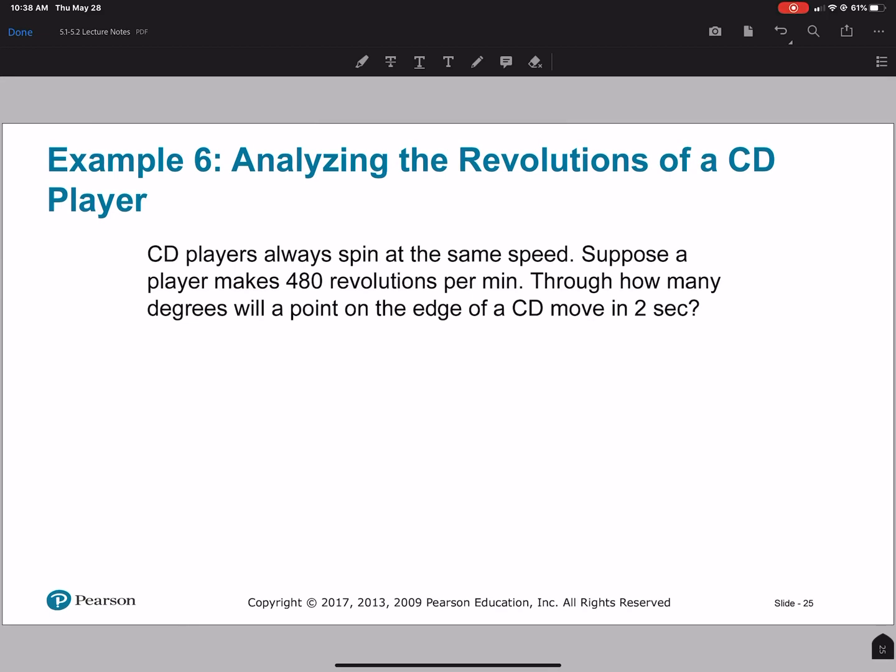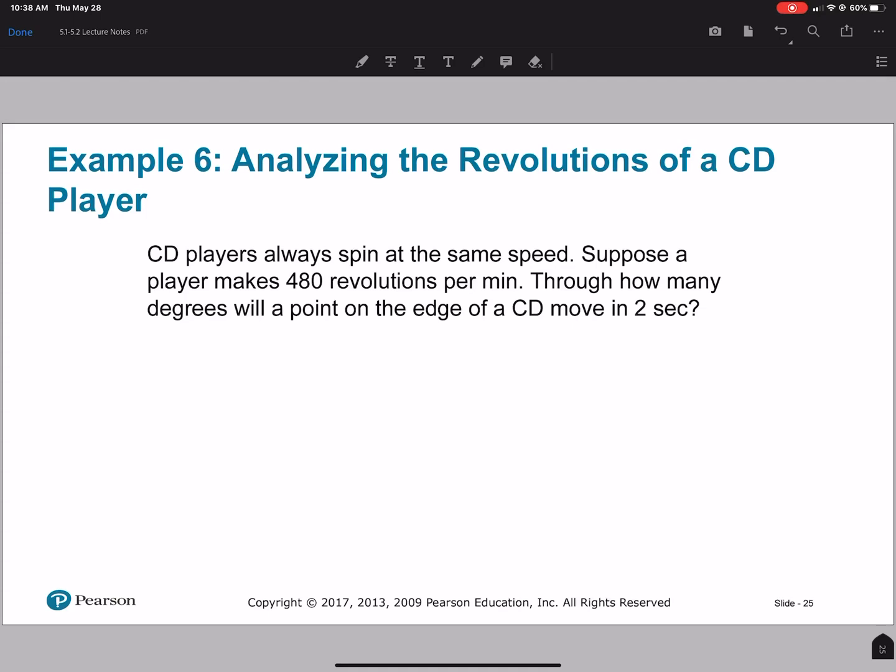So let's look at this problem. It says CD players always spin at the same speed. Suppose a player makes 480 revolutions per minute. Through how many degrees will a point on the edge of the CD make in 2 seconds?